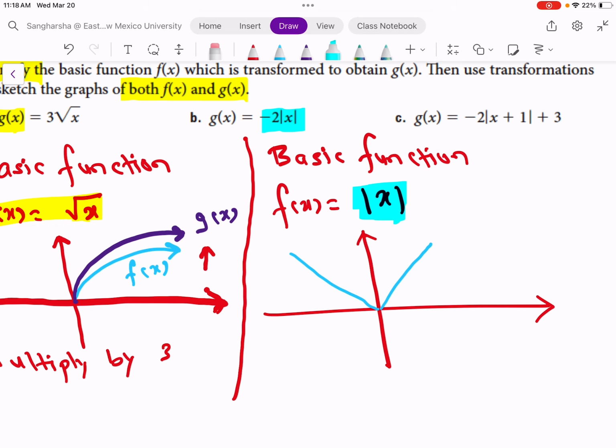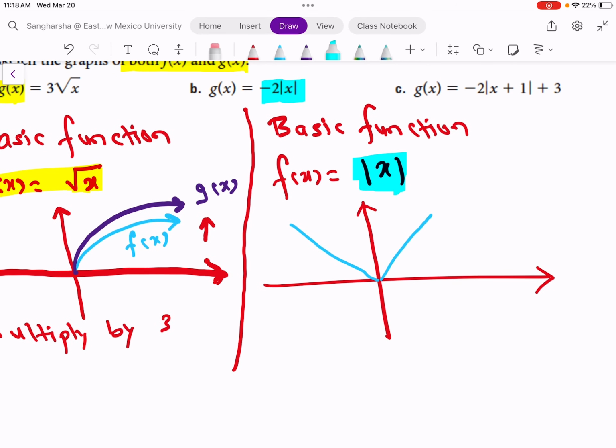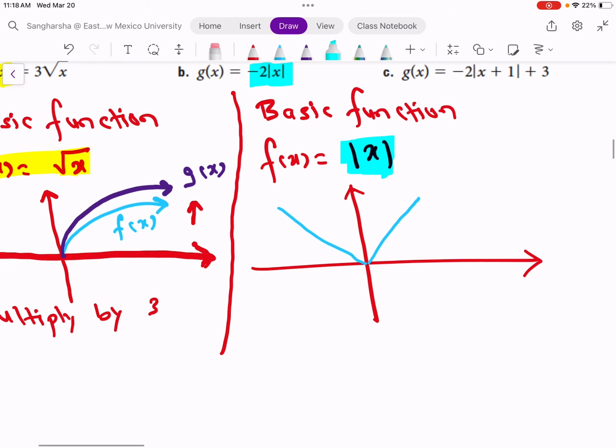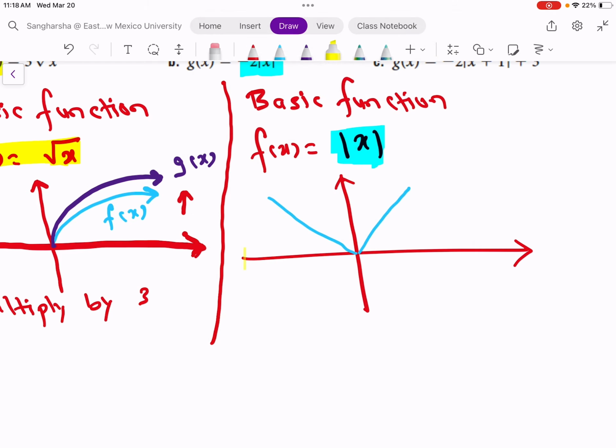Now when we multiply by negative 2, what happens to the graph? We have the negative in the front, and whenever you have a negative in front of the function, there is a reflection across the x-axis. For this graph, what would it look like if you place a mirror over the x-axis?